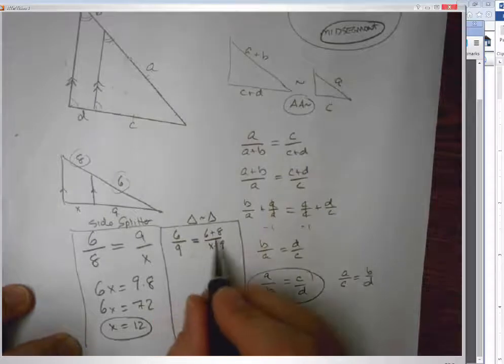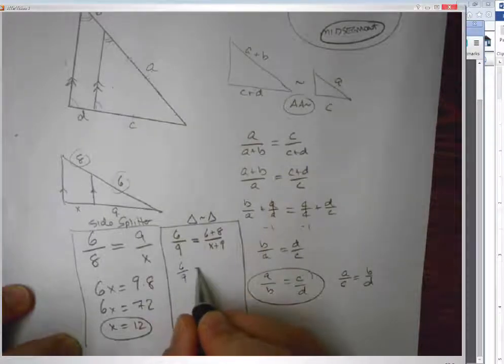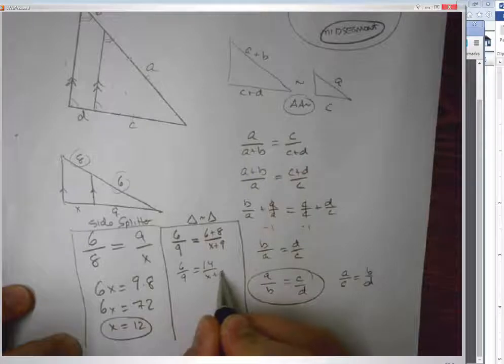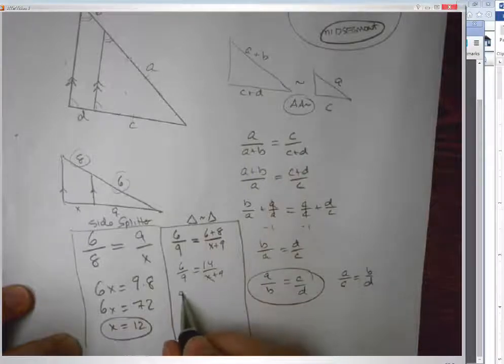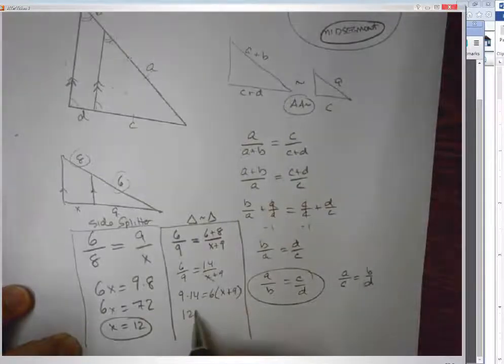And this would work as well. I'd combine terms to say 6/9 is equal to 14 over x plus 9. I'd cross multiply and get 9 times 14 is equal to 6 times the quantity x plus 9. 9 times 14 is 126, equal to 6x plus 9.